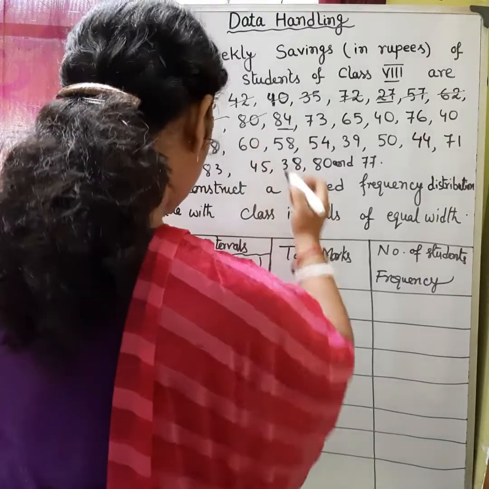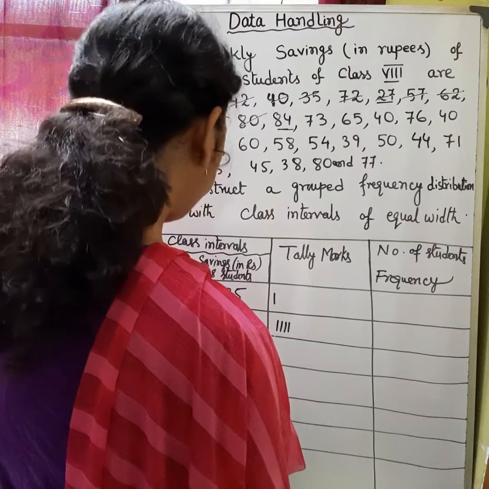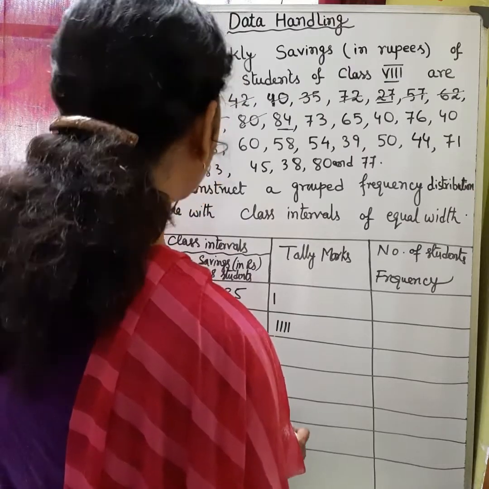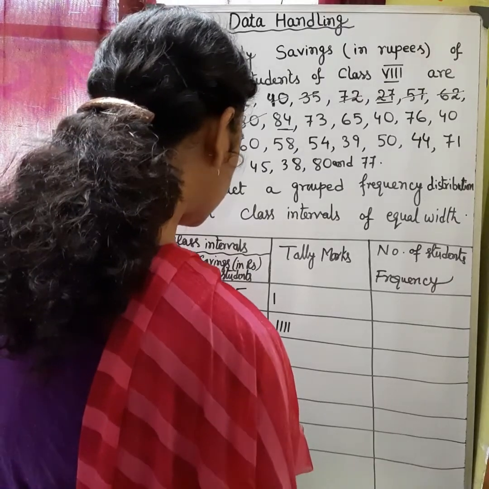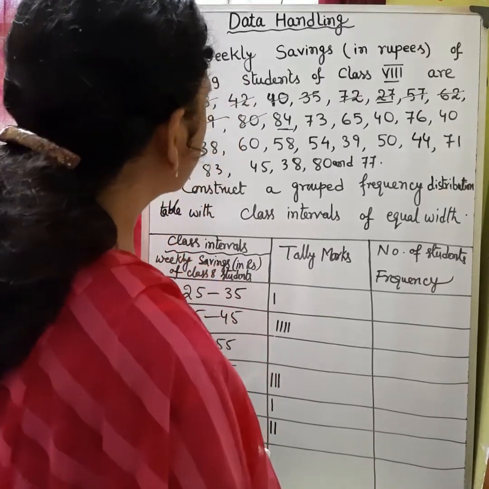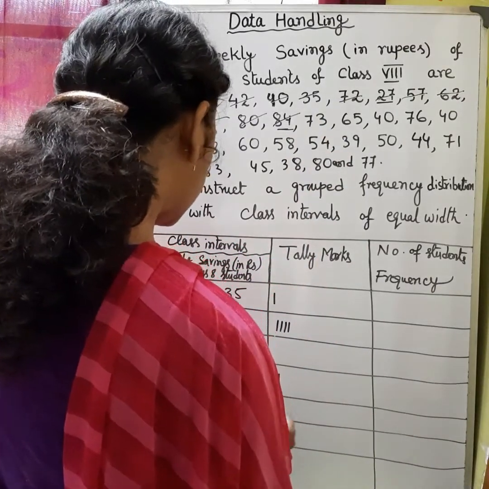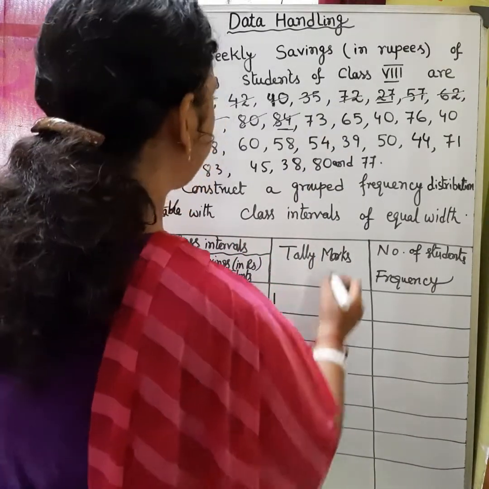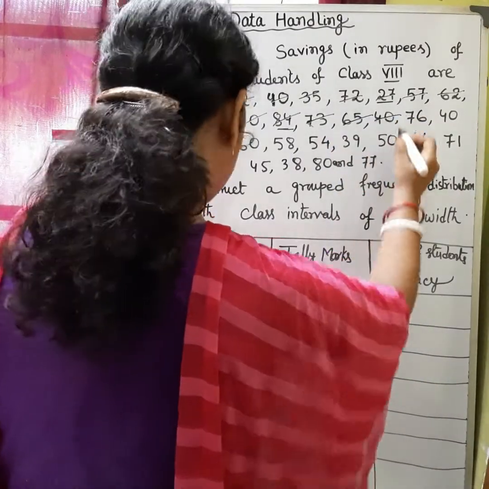Then 80 will be in the last row, that is between 75 to 85. We put one tally mark. Then 84, that will be in the last row. Then again 73, that will be between 65 to 75. Then 65, then again 40 is there.